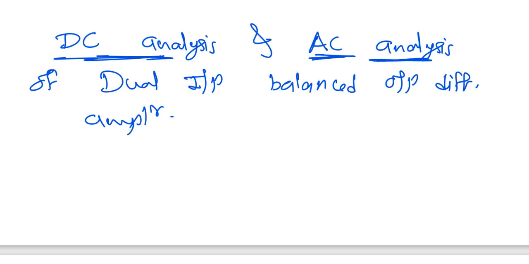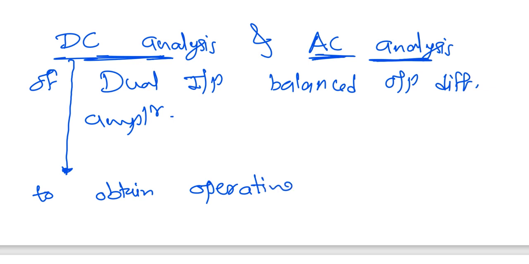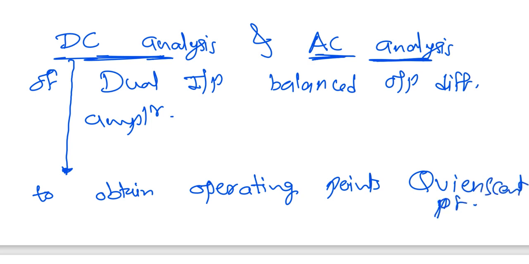The purpose of doing DC analysis is to obtain operating points, also called quiescent points.